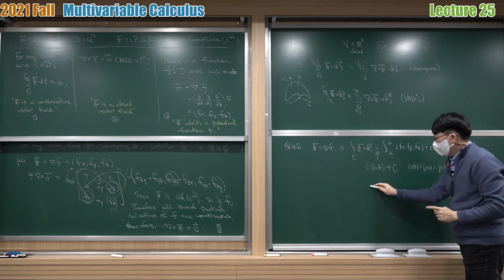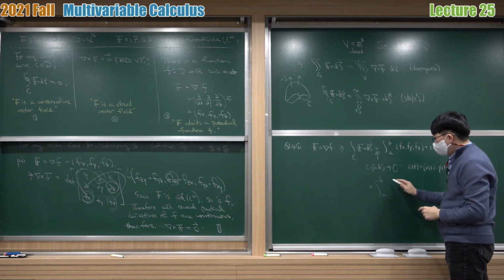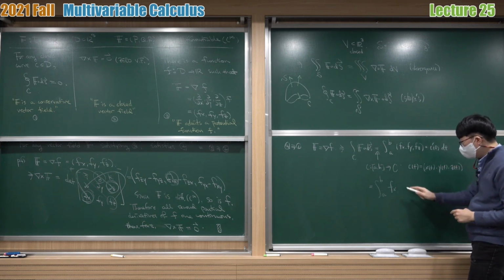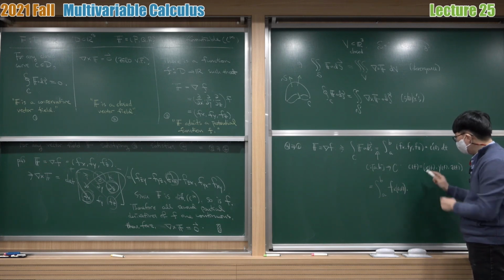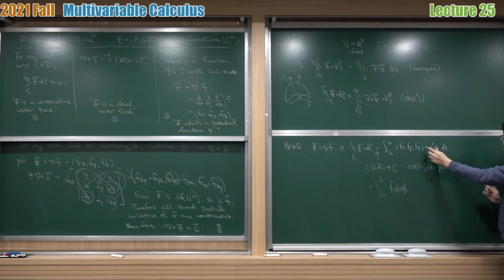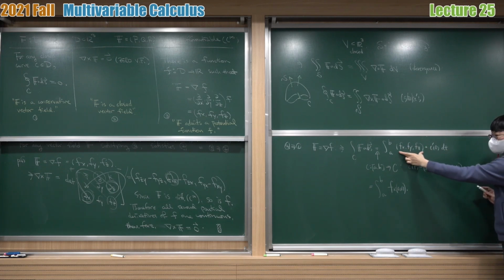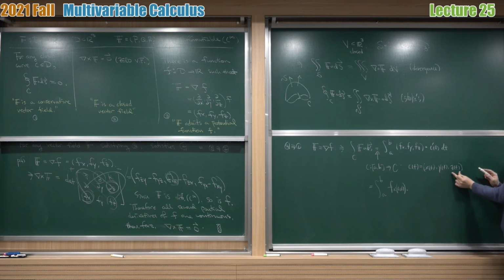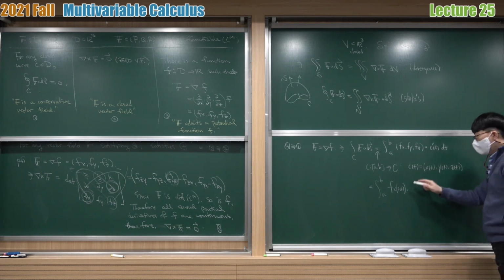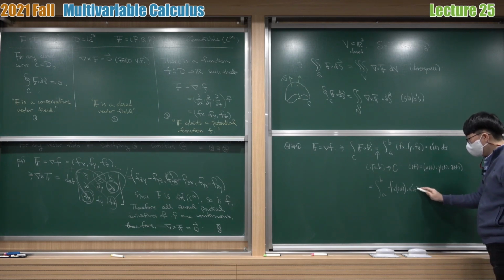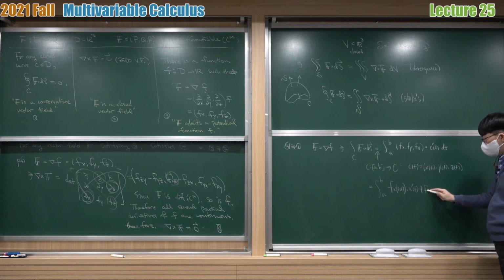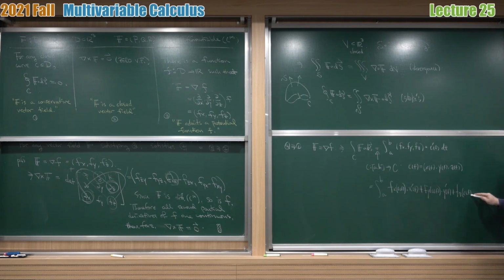So this is the integral from a to b of fx of c(t) times x prime of t, and then add fy, and then fz, z prime of t dt.